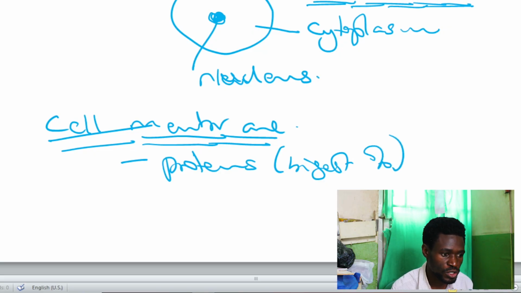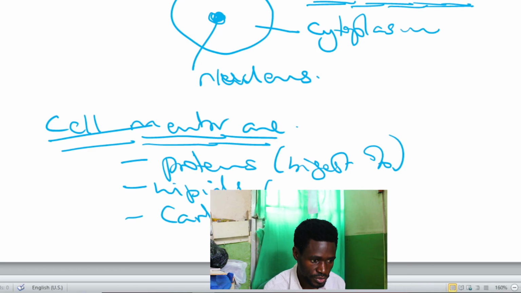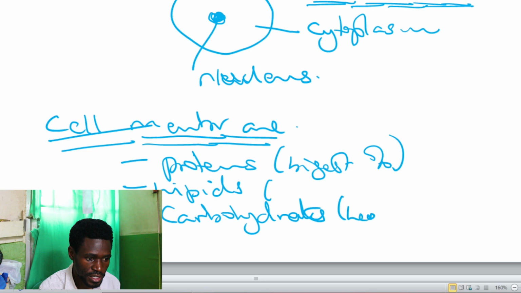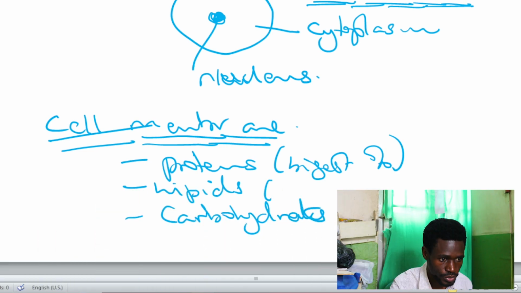This is followed by the lipids, and then lastly the carbohydrates. These form the least percentage in composition.